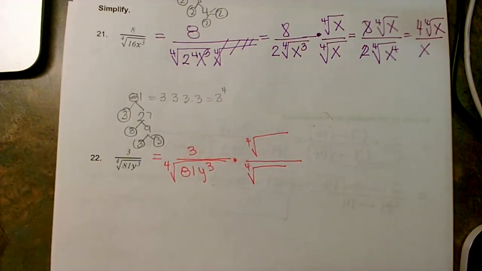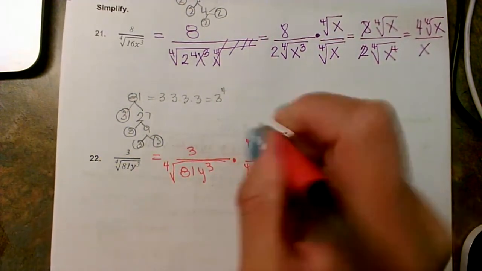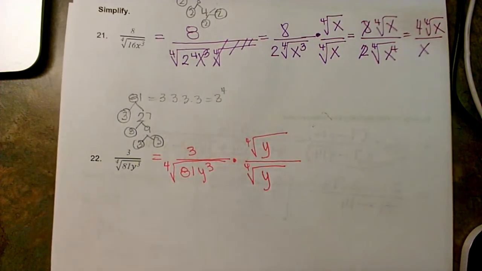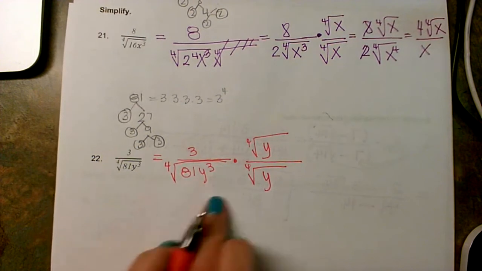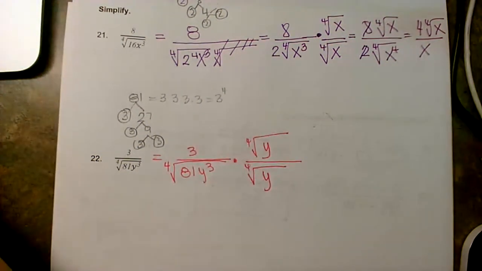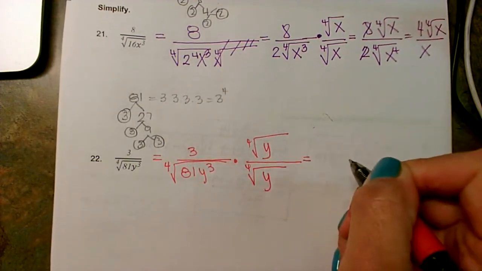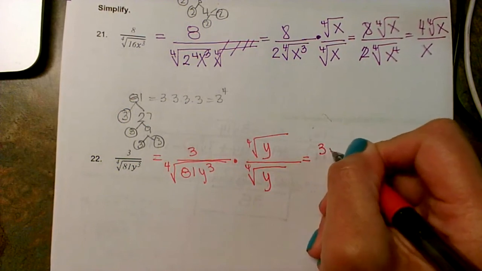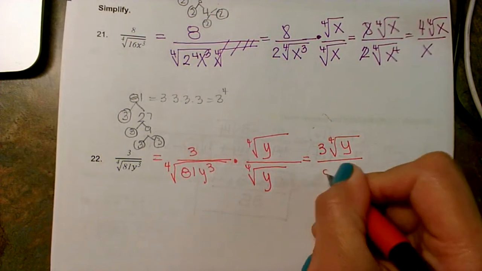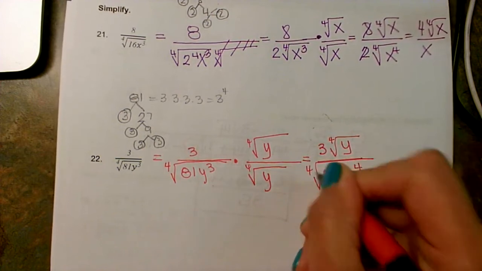What we need to do is multiply by another y and another y to the third power, and this one is to the first power, so it will be to the fourth. That way we could get rid of the root in the denominator. Okay? So on the top, what I get is 3. Bottom will be 81 y to the fourth power.